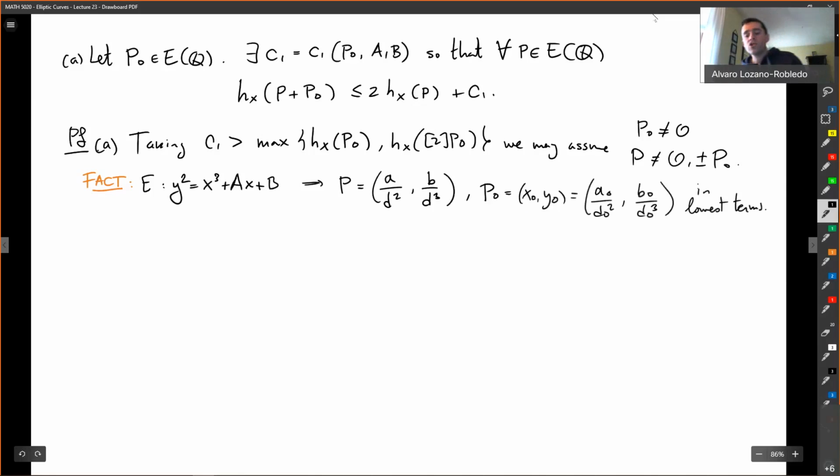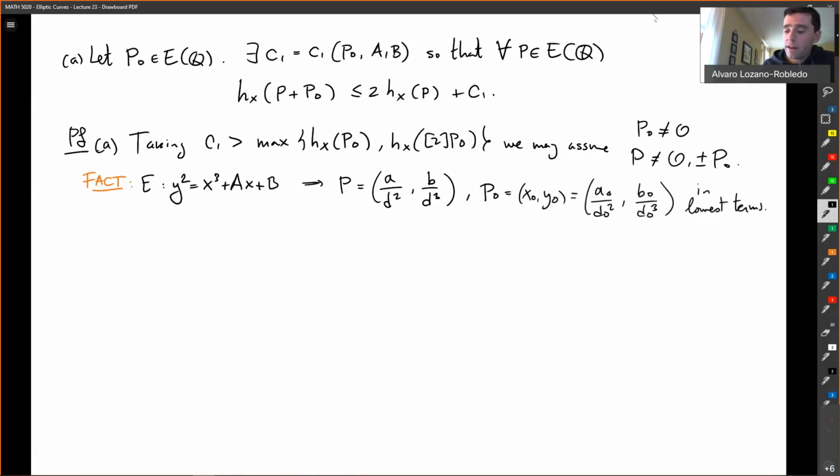So every denominator of an x coordinate is a square, every denominator of a y coordinate is a cube, and you can imagine why, because of the shape of the short Weierstrass form. It always happens that you can write all the points like that.